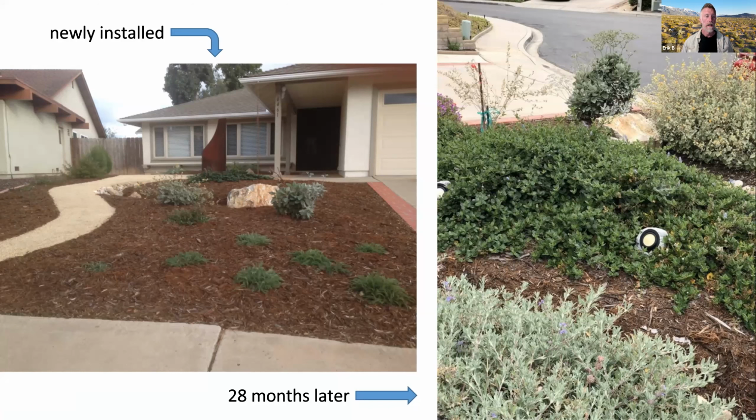And then, it's brand new and newly installed, so tiny plants, understanding what they are. These are weird pictures, because I think what we're looking at here is the front of the house in the first picture.